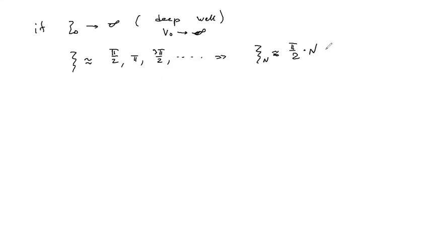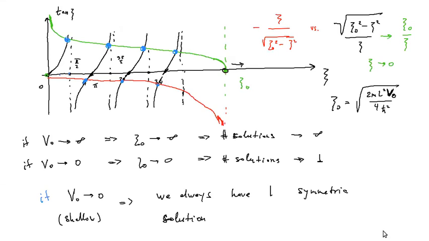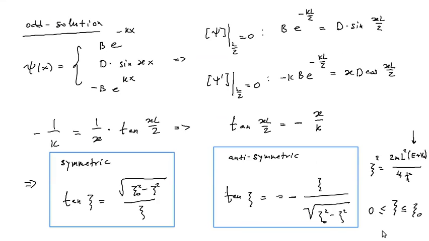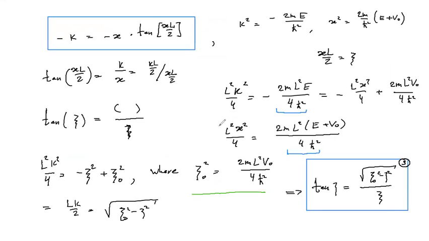Parameter xi was kappa L over 2, and parameter kappa was related to energy. So kappa square L square over 4 equals pi square over 4 n square. Can you remind me what was the kappa? I did it somewhere. I have to bring it back to that slide. Okay, I'll try to do this, but try to correct me and check me.